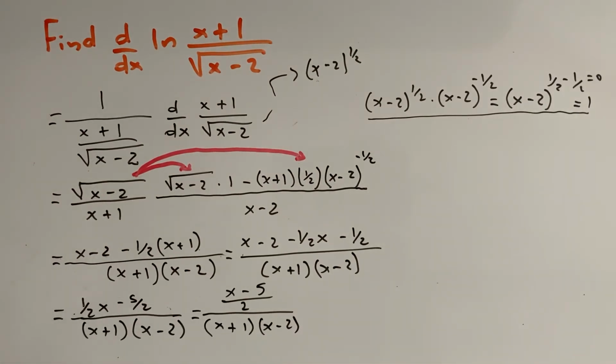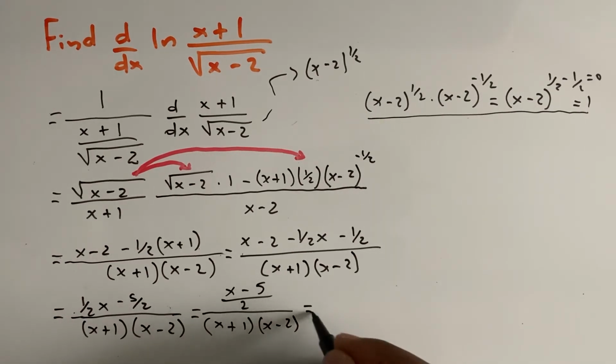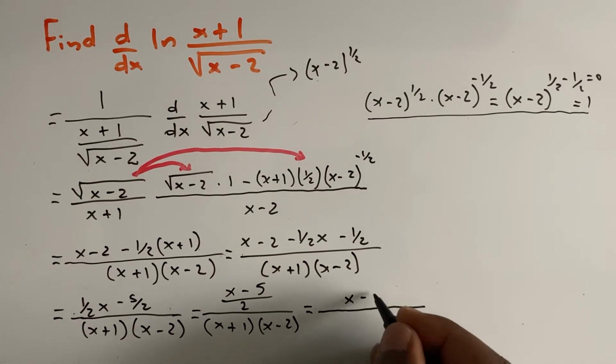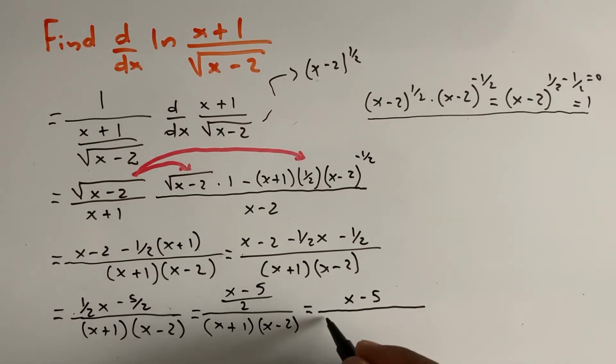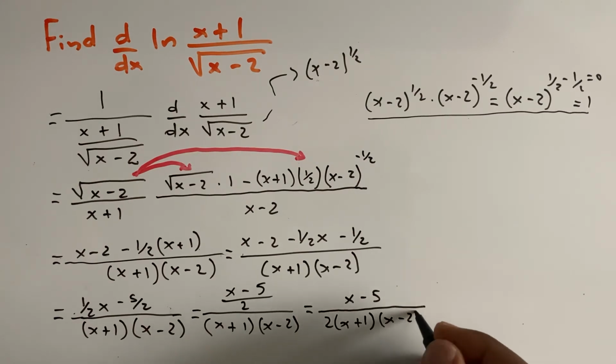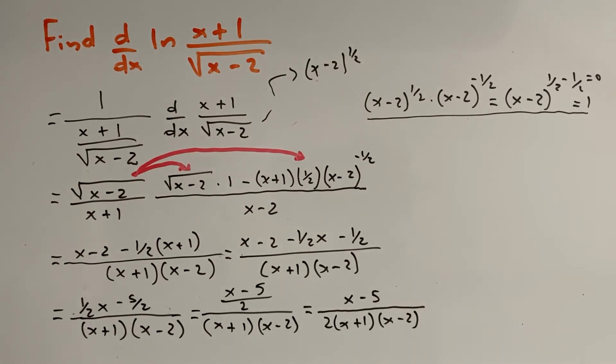Now this is a fraction divided by another fraction, so you flip the second fraction, and your answer now would be x minus 5 over 2 times x plus 1 times x minus 2.